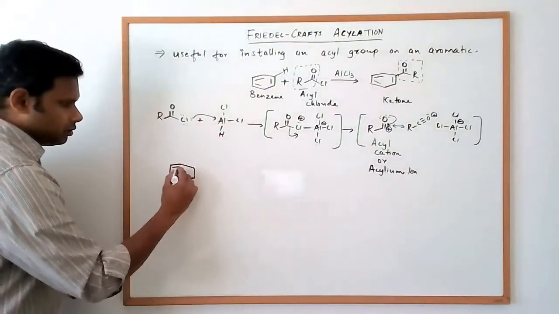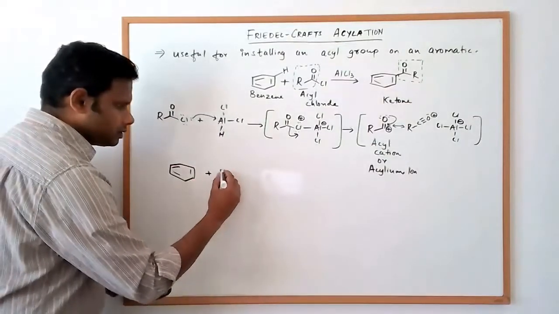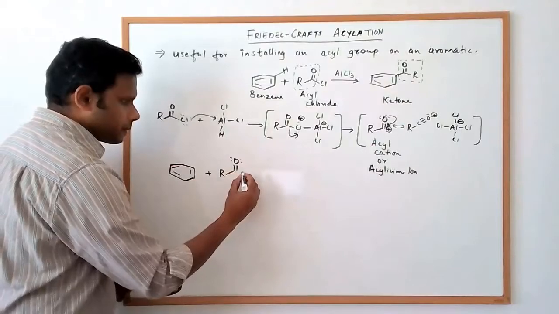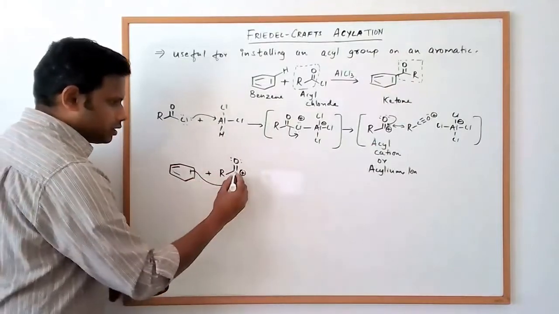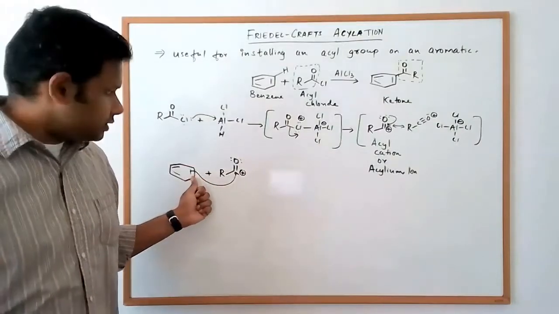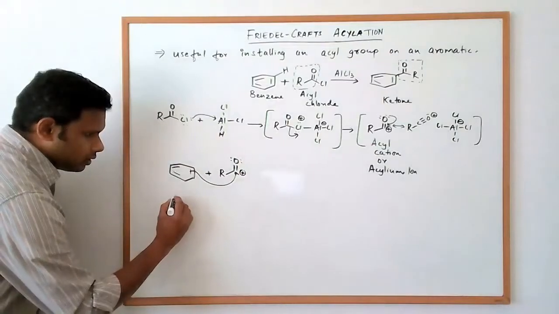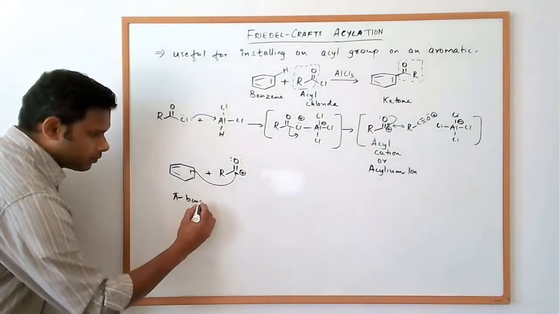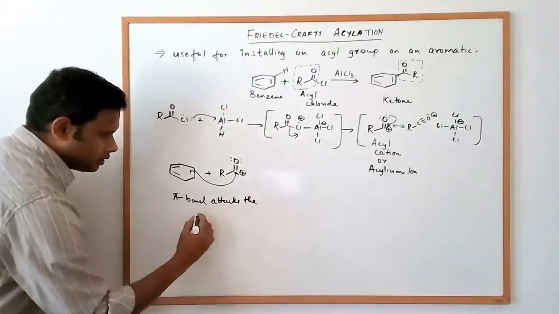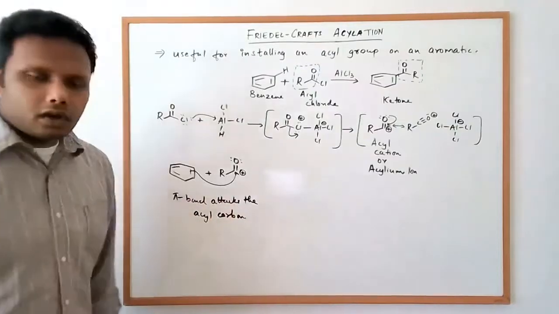So benzene ring or any other aromatic can serve as the nucleophile, and it can attack this acyl carbon. So the bond forms between the benzene ring and the acyl carbon. So the pi bond attacks the acyl carbon.